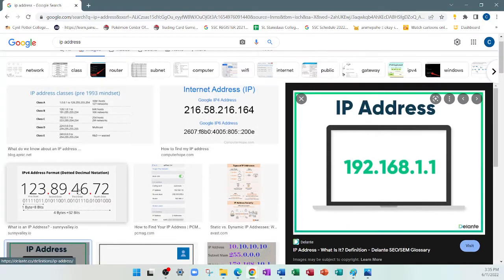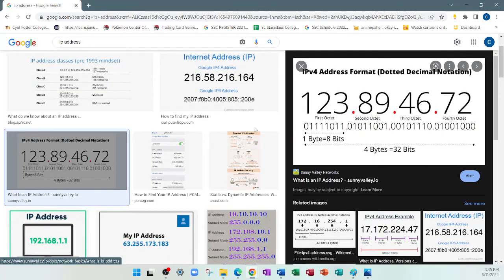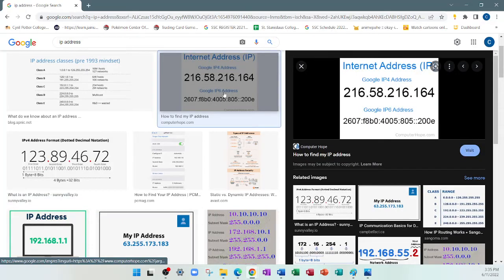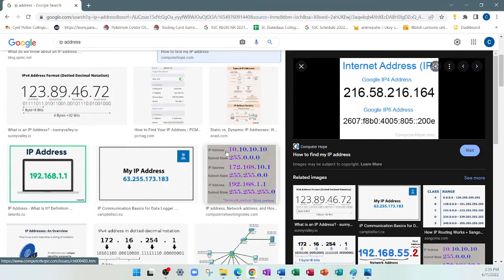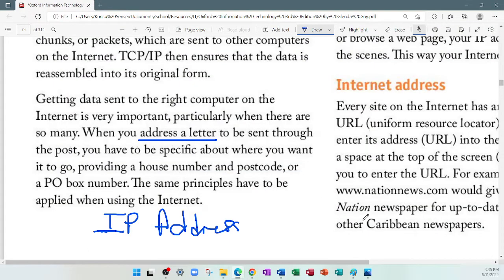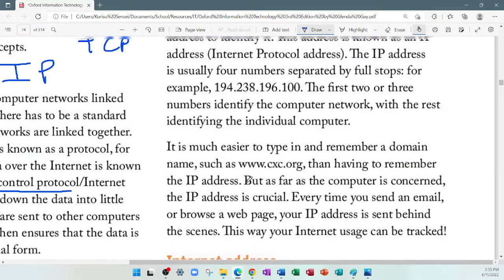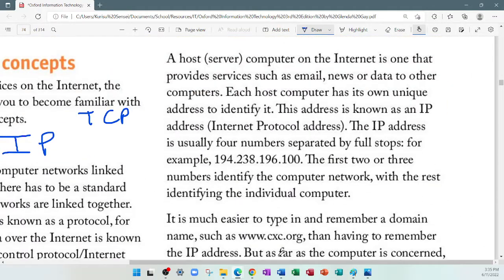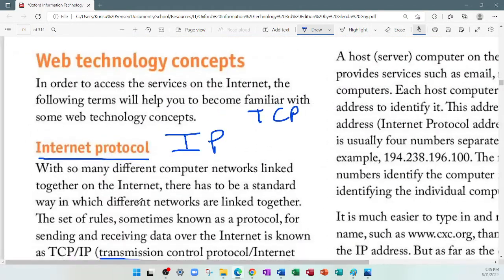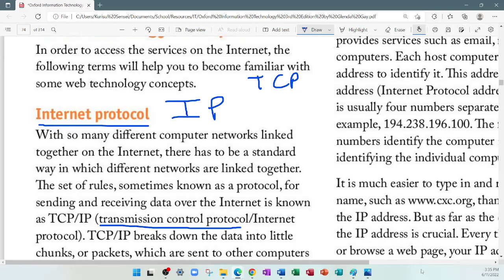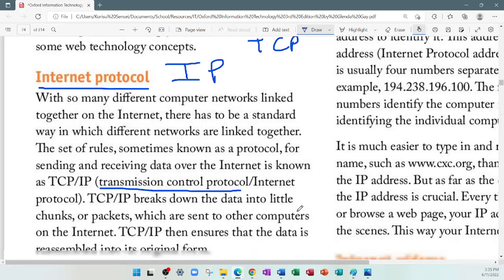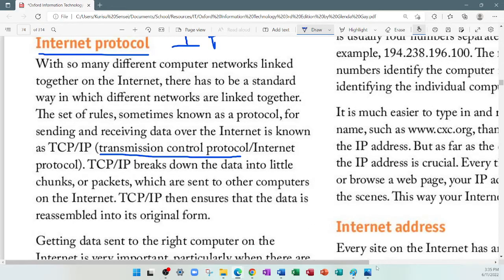So these are all forms of IP addresses that are used on the internet. So each device has an address in order to identify that device to facilitate communication. So that's the purpose of IP, and that is the purpose of TCP. TCP for transmission and IP for address.